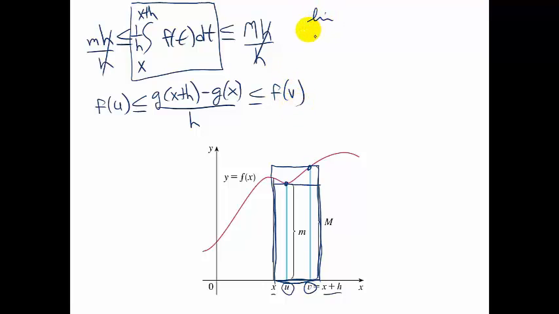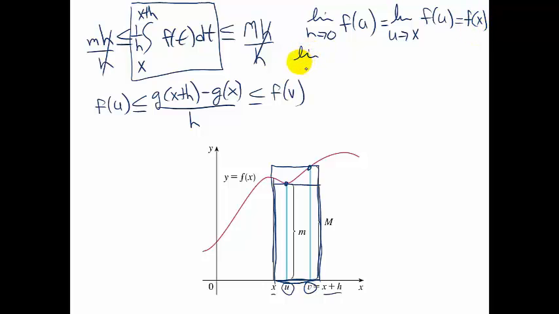Now let's look at the limit as h approaches 0 of the function at u. As we look at this picture, we see that as h approaches 0, u is going to get closer and closer to x. So this would equal the limit as u approaches x of f of u, but then we can directly evaluate that, so that's going to equal f of x.